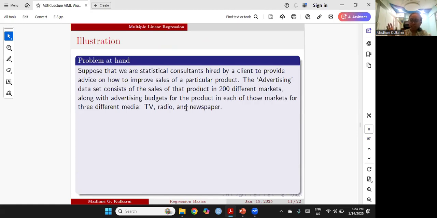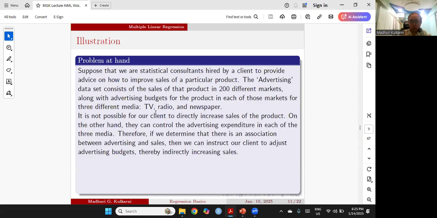He has the data on the money spent on advertising the product. The advertisement was made on different platforms, so altogether the total money was spent on advertising that product. He also has information that the advertisement was made on TV, radio, and newspaper.